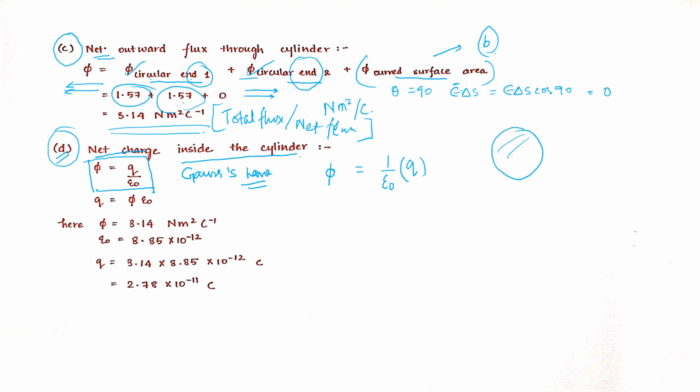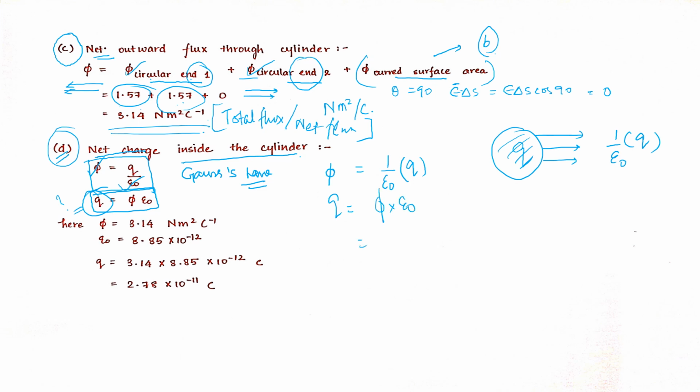This is a system containing charge Q, so the flux coming out will be 1 by epsilon naught into the charge Q. Applying the same, the flux is a known value, epsilon naught is a known value, and Q is unknown. So Q equals flux into epsilon naught.